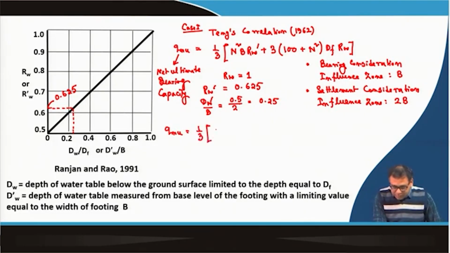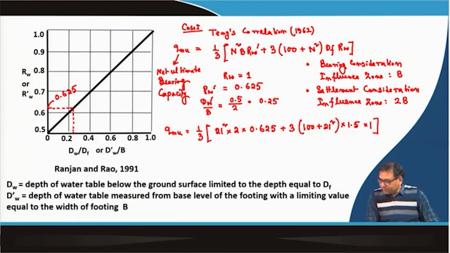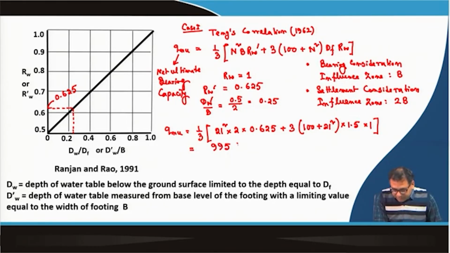N square is 21 square, B is 2, RW dash is 0.625, then plus 300 plus 21 square into dF is 1.5, RW is 1. So, this value is coming out to be 995 kilonewton per meter square, but this is ultimate.